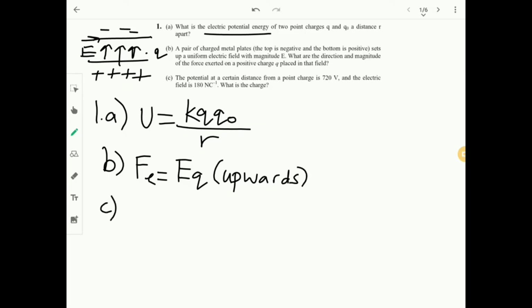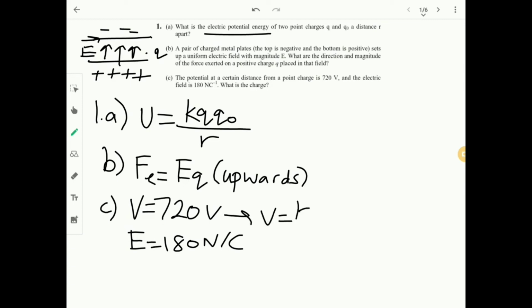So far no calculations, all theoretical. Now part C is where we have calculations. The potential at a certain distance from a point charge is 720 volts and the electric field is 180 newtons per coulomb. What is the charge? So what we know is V is equal to 720 volts, E is equal to 180 newtons per coulomb. I would like to quickly go over the formulas for this. V is equal to KQ over R, and we should remember that E is equal to KQ over R squared.